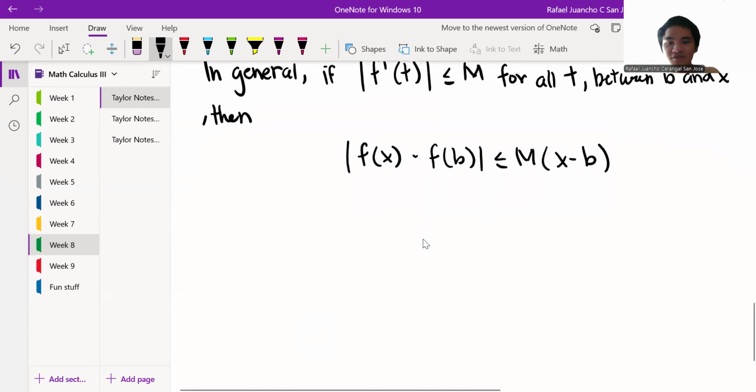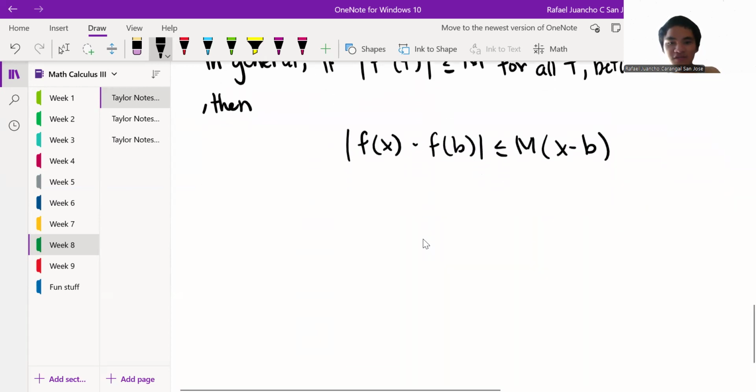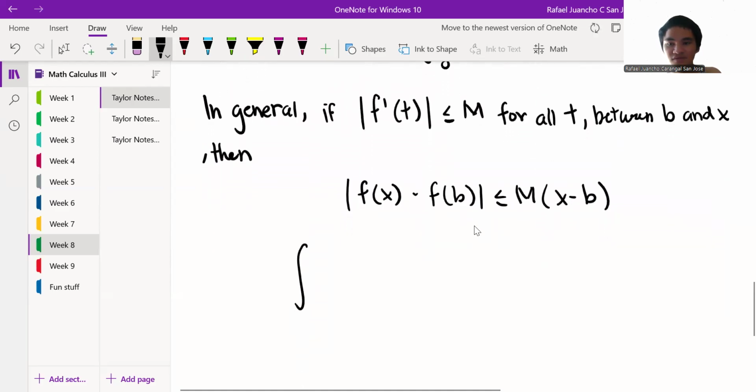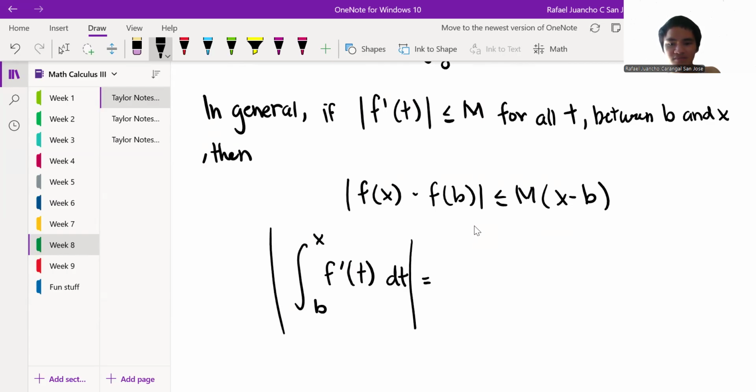So I guess another way to write this, if we were to relate it to the thing above, is this integral from b to x. This thing here is actually just, let me take that absolute value there, it's just this thing, F of x minus f of b, if we apply the fundamental theorem of calculus.